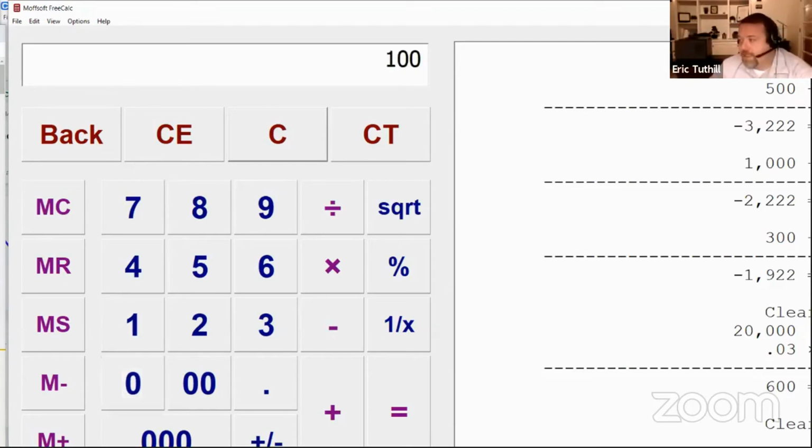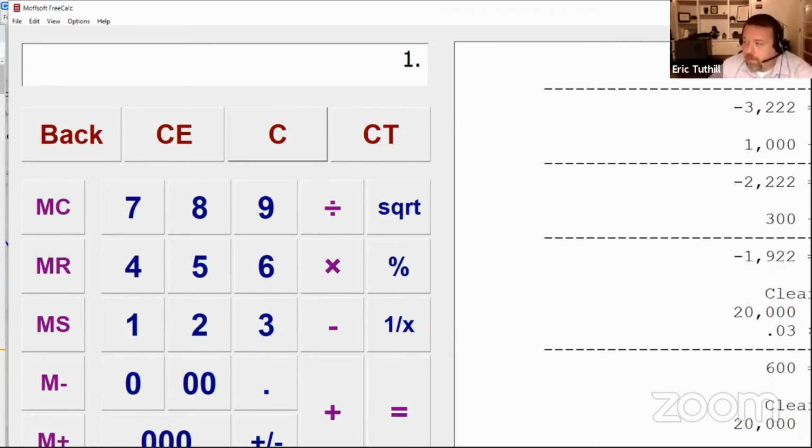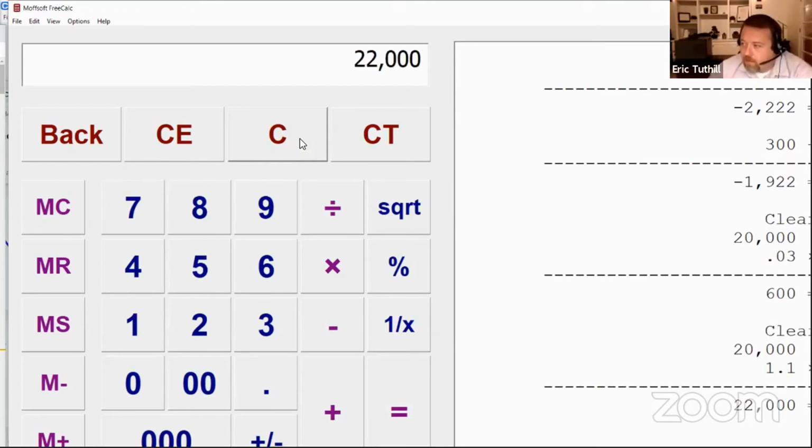Let's say the total tax is $10,000. Actually, I'll use $20,000 because we have to be within a certain AGI. Let's say it's $20,000. Okay, 1.1, so 110% of last year's tax, that's the safe harbor, $22,000 divided by 4.